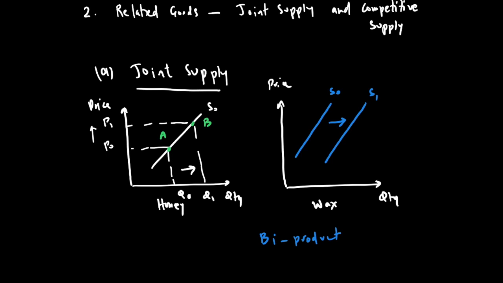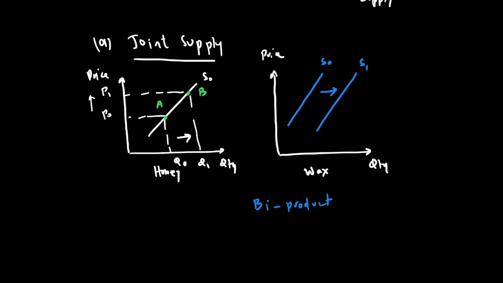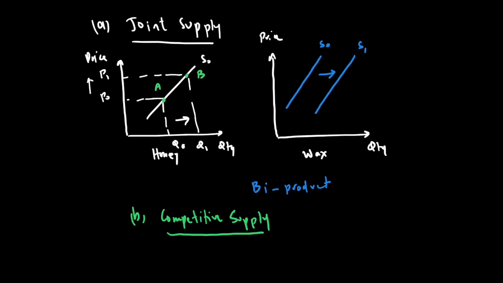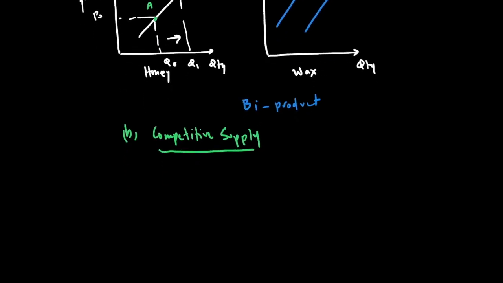In the case of competitive supply, competitive supply is simply those goods which are in competition with each other when it comes to supply. For example, production of one good should lead to less production of another, because the resources that are going into the production of one good will now not be available for the production of another.